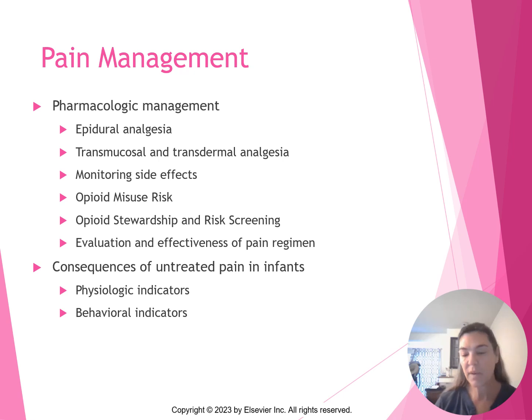If we use the narcotics, opioids appropriately, then there's a low risk of opioid misuse. And if we do give them opioids long term, then we can medically manage them and help them if they do become physically dependent on those medications.